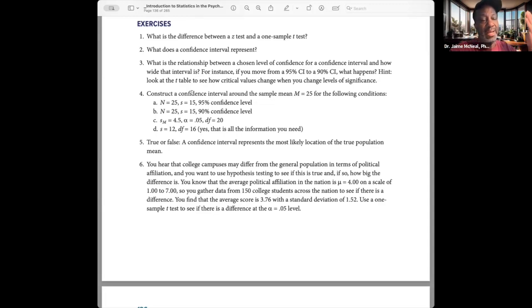But in A, the n is 25. It also is 25 in B. The standard deviation for A and B is 15. But for A, we're constructing a 95% confidence interval. But in B, we're doing a 90% confidence interval. This is the first time we've done a 90% confidence interval. We've always done 95. We haven't even really done a 99. So we're doing a 90, which all of the pieces are the same.